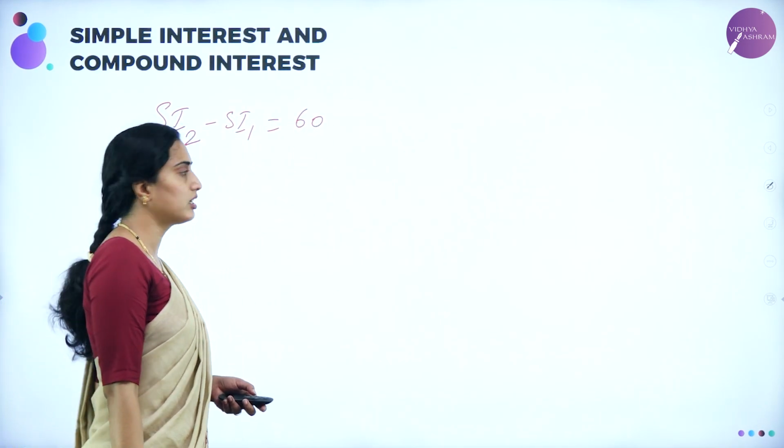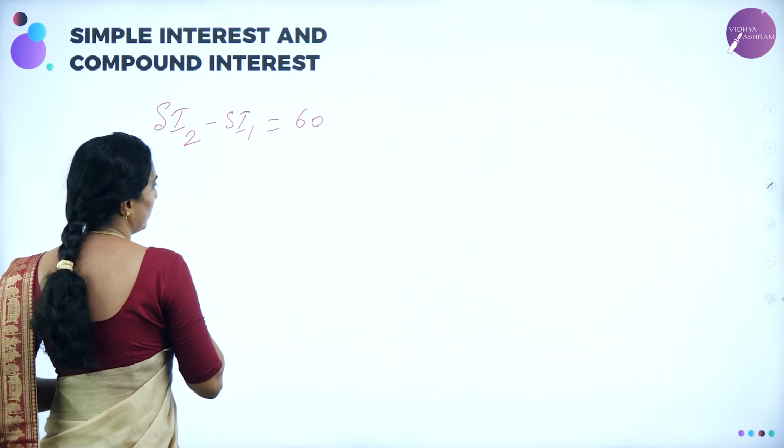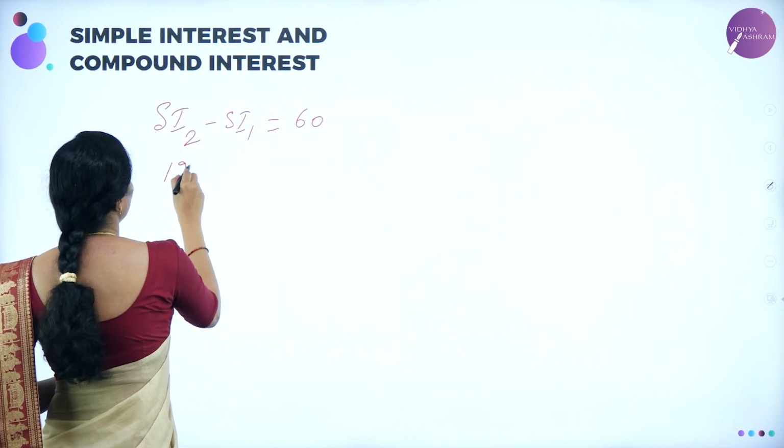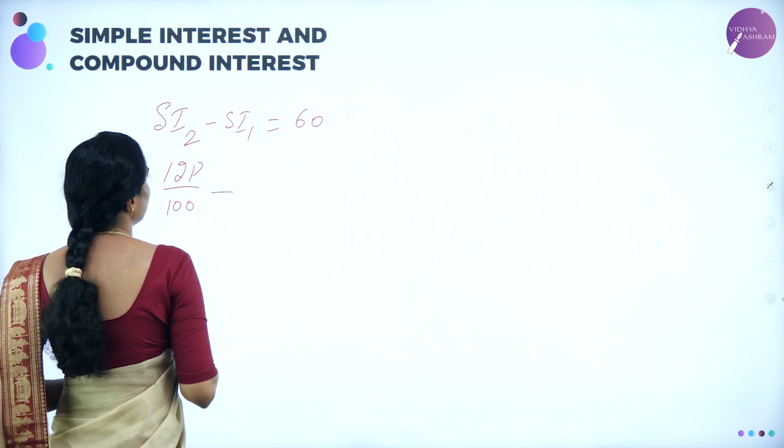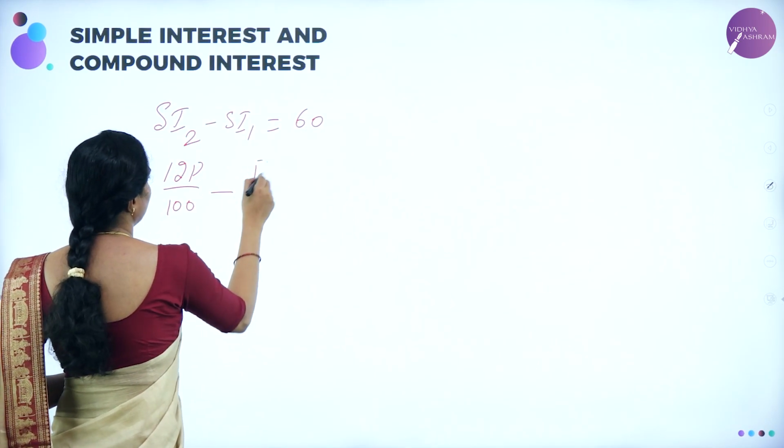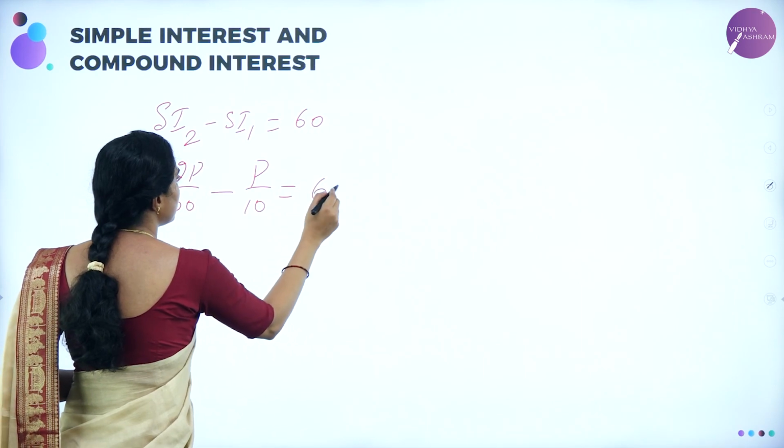So here SI2 is what we have calculated, 12P divided by 100, minus P divided by 10, is equal to 60, they have given.